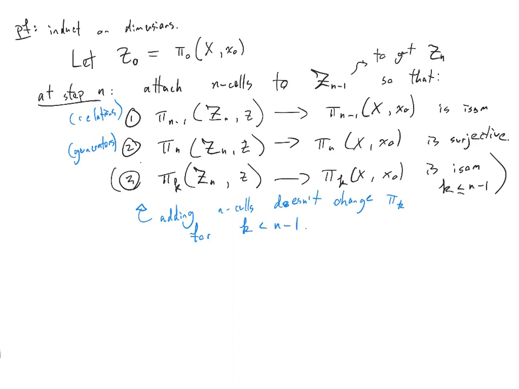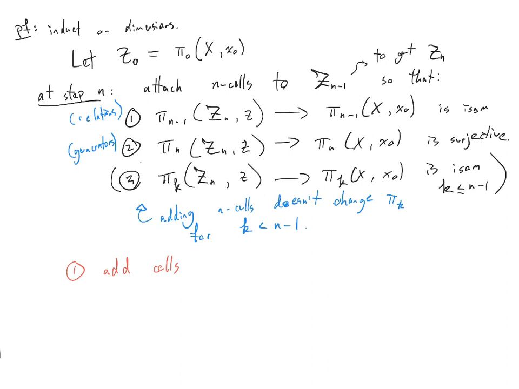Essentially for part 1, the types of relations that we're adding, we're going to add a bunch of cells. So let's go like this. For part 1 of step n, we add a cell.